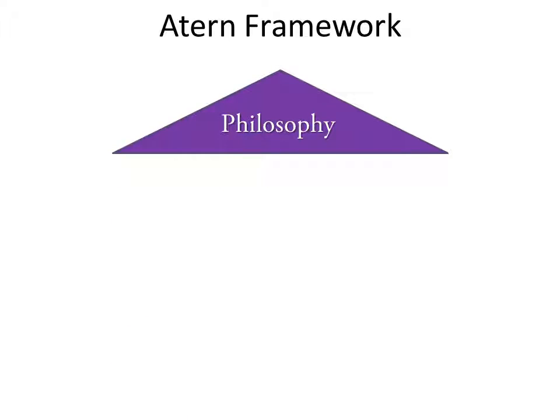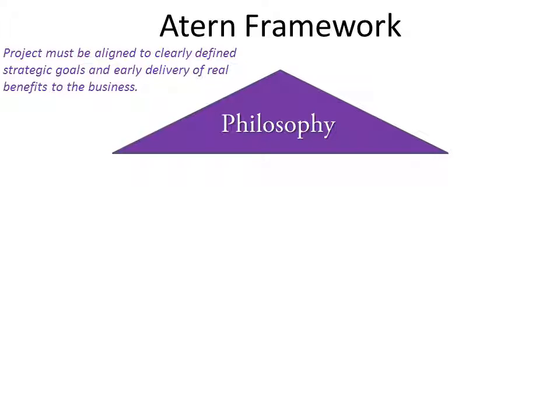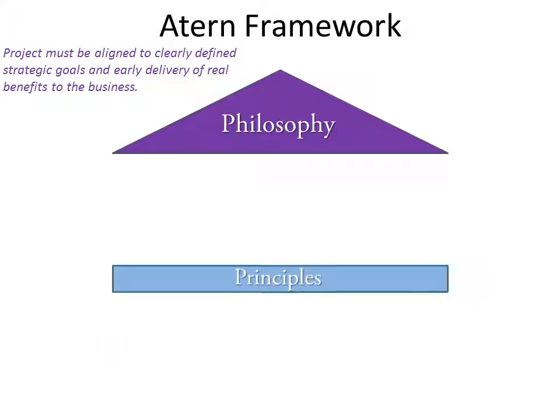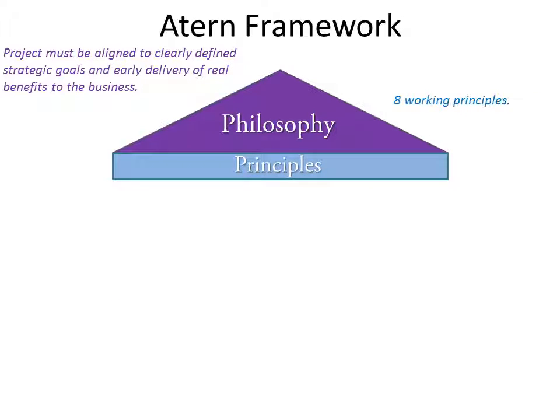Let's have a quick look at the Atern framework. You've got the philosophy, and the philosophy, as we mentioned earlier, is that projects must be aligned to clearly defined strategic goals and early delivery of real benefits to the business. It also has 8 working principles which guide the practitioners in the adoption of the philosophy.